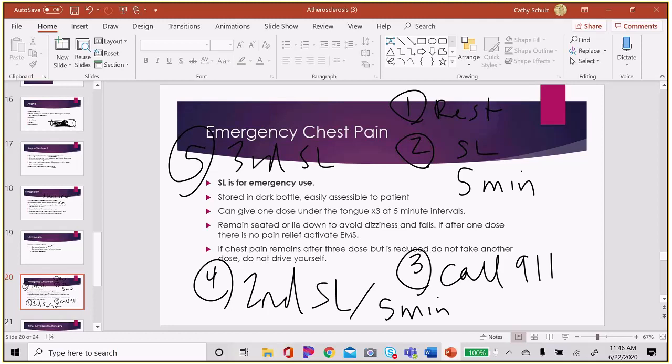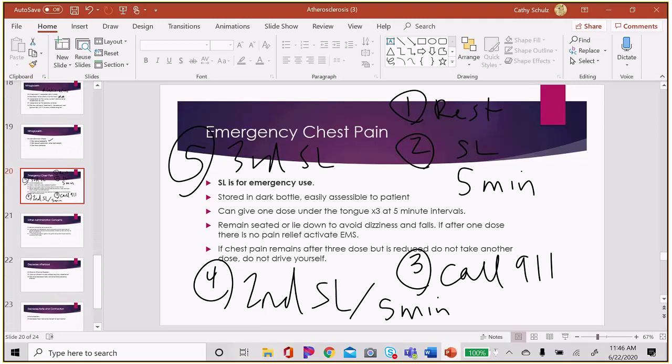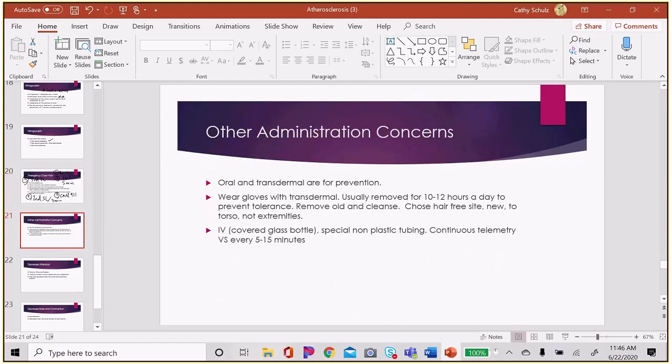So you're only allowed to give yourself 3 in a non-monitored patient community situation. So while they're waiting, they cannot take another one. So hopefully in that time period, EMS has arrived.